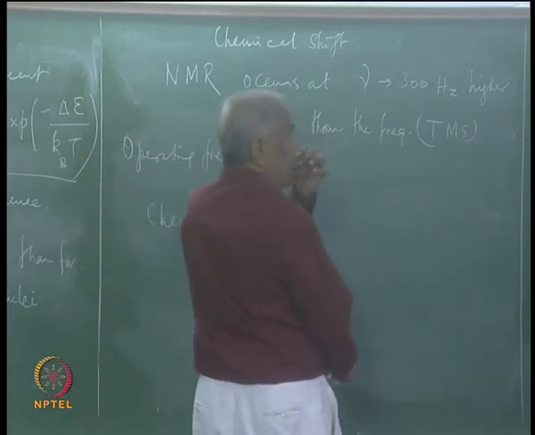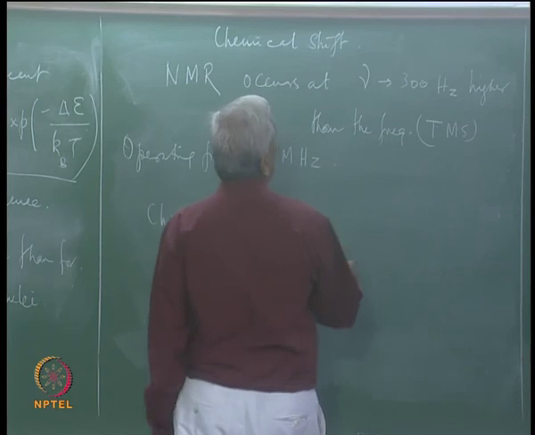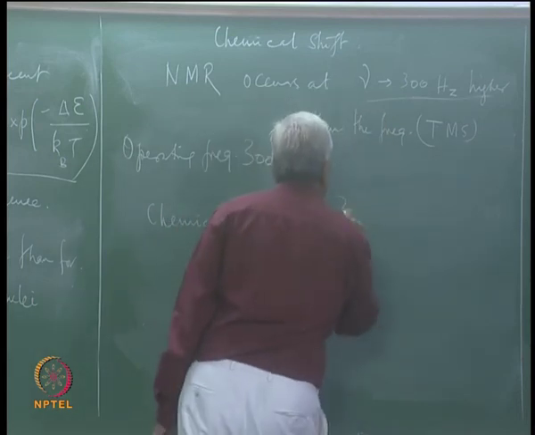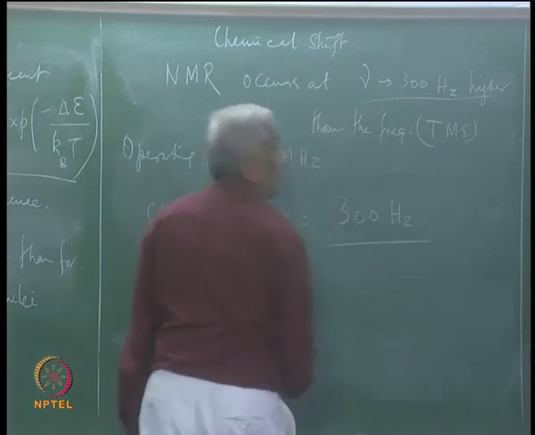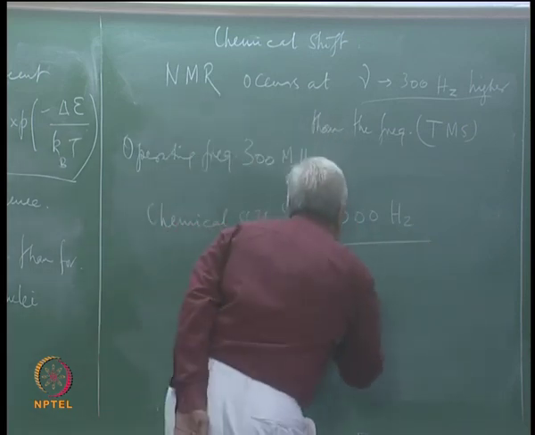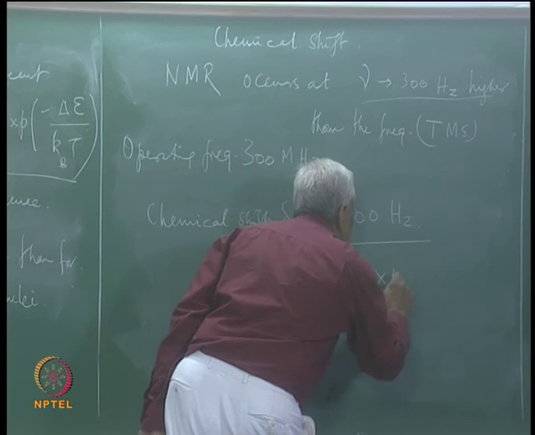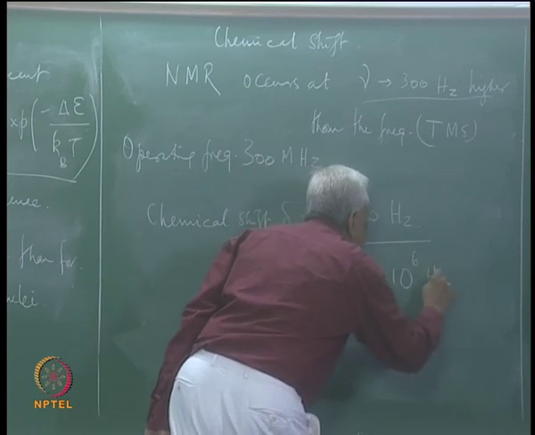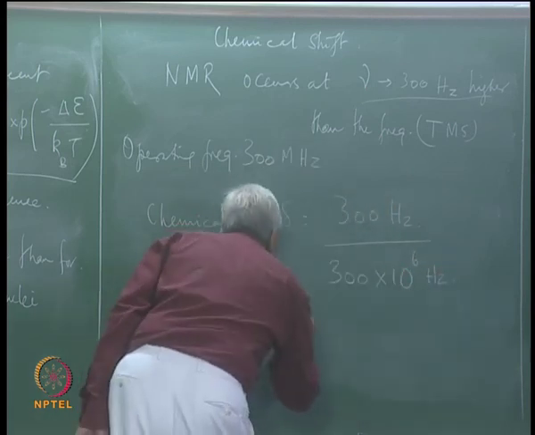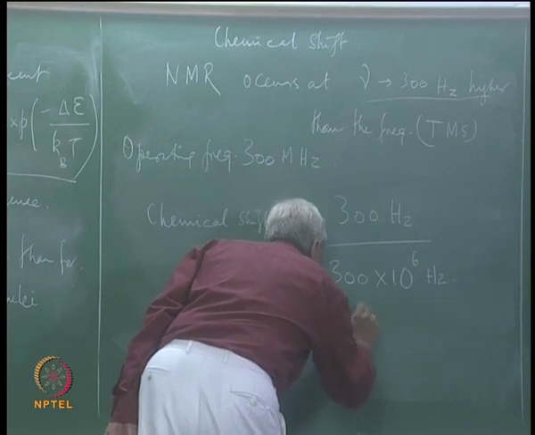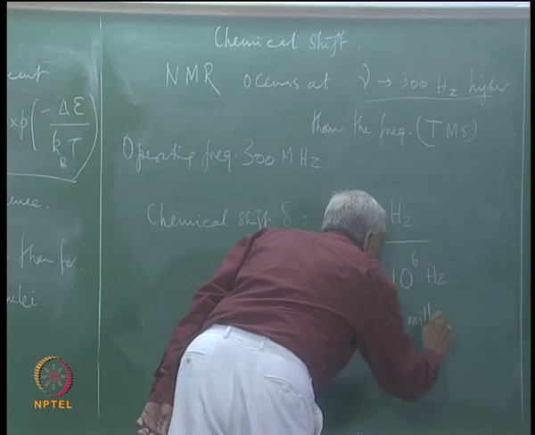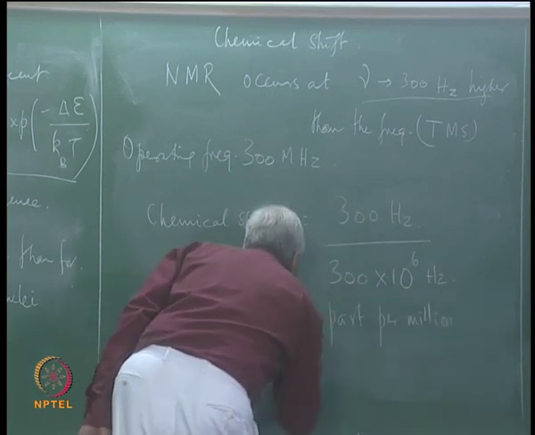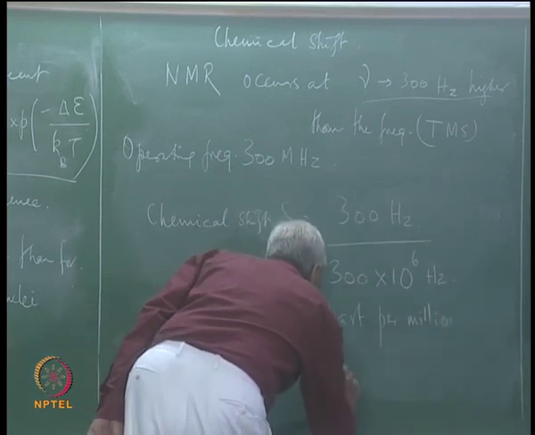It is defined as the ratio of the shift, which is 300 hertz, to the operating frequency, which is 300 megahertz. So, this is 1 part per million. For short it is written as 1 ppm.